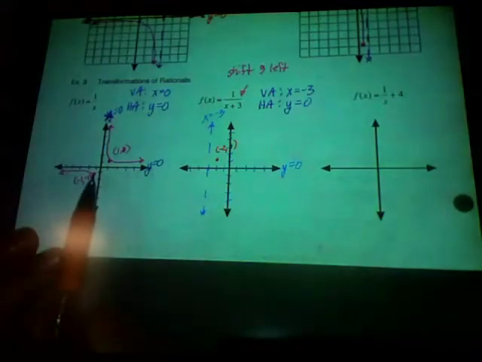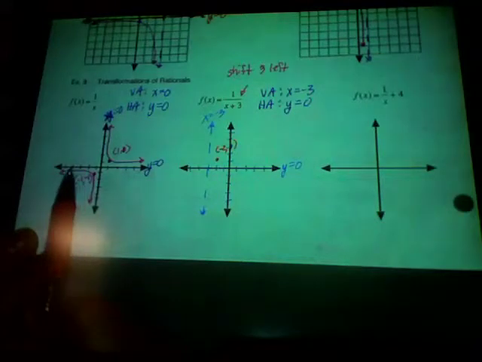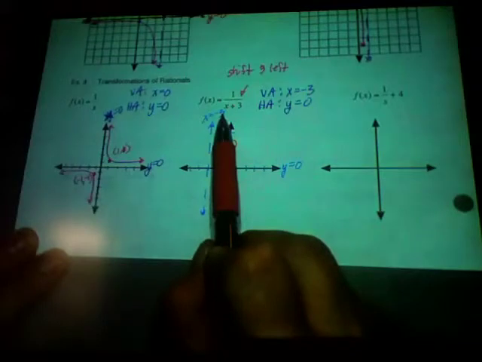So this point down here, I originally went to the left 1 and down 1, right? So if I chose negative 1 and I'm going to the left 3, what's 1, 2, 3 to the left of negative 1? What x is that? Negative 4. So what's negative 4 plus 3? Negative 1. What's 1 over negative 1? Negative 1.